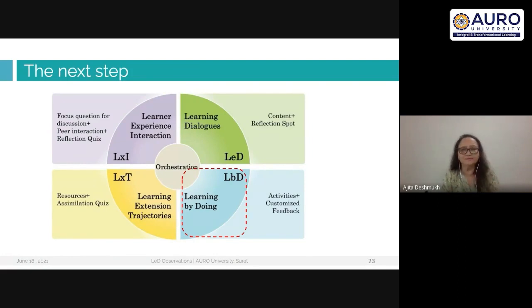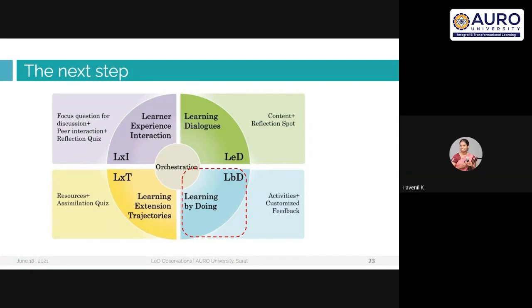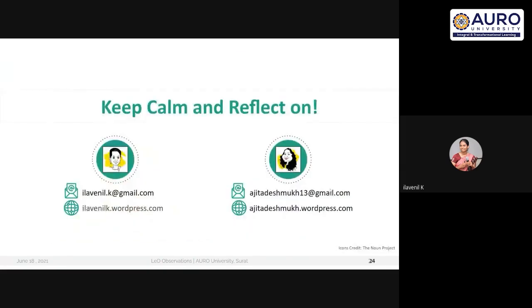Looking at the submissions, there are many experts on designing LBDs, so let us take a closer look tomorrow at how we can work on LBDs, so that learning has multiple constituents and LED is just one part, as Ajita said.